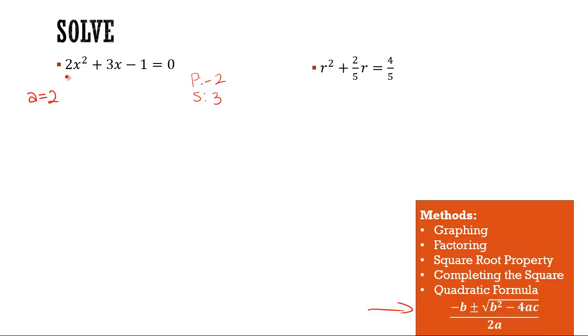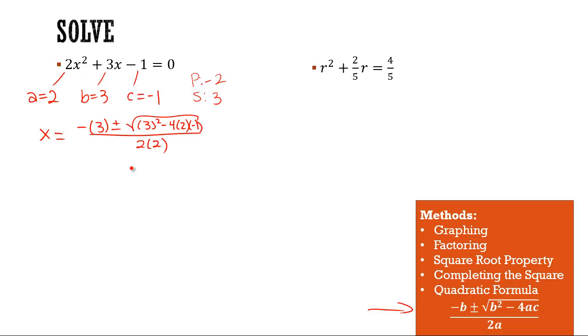We know that a is 2, our b is 3, and our c is negative 1. So if we plug it in, we have negative b plus or minus the root of b squared minus 4ac over 2a. Let's run that through. That's negative 3 plus or minus the root of 9 plus 8.